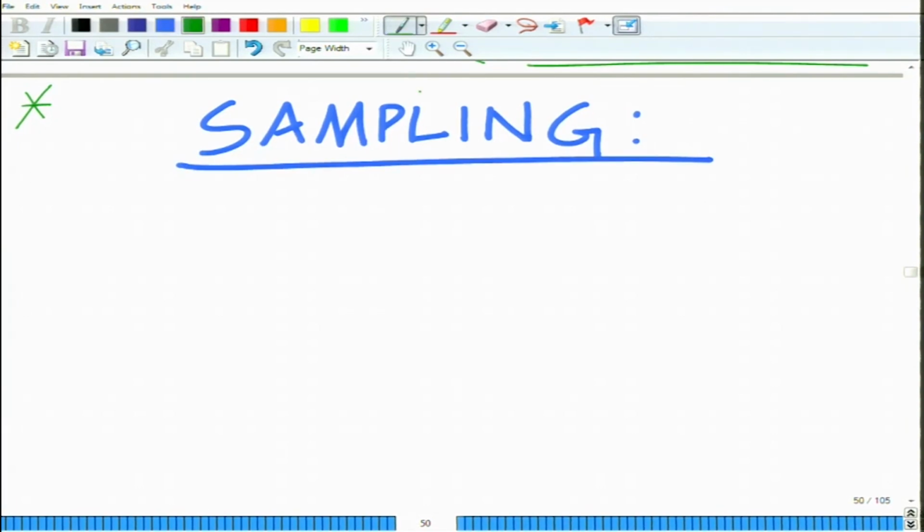in particular. We have seen if x(t) is the original signal, this is your continuous time analog signal which has spectrum X(omega), this is the spectrum of the original signal.